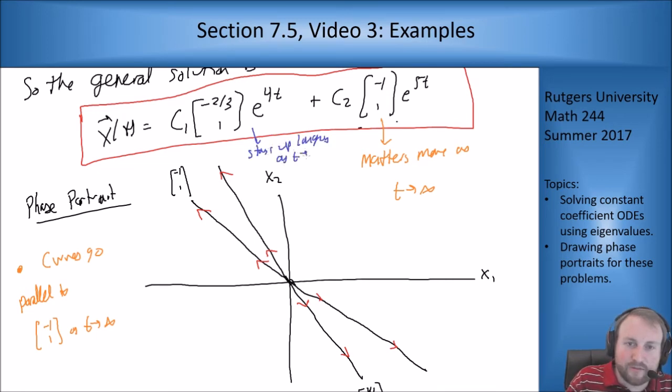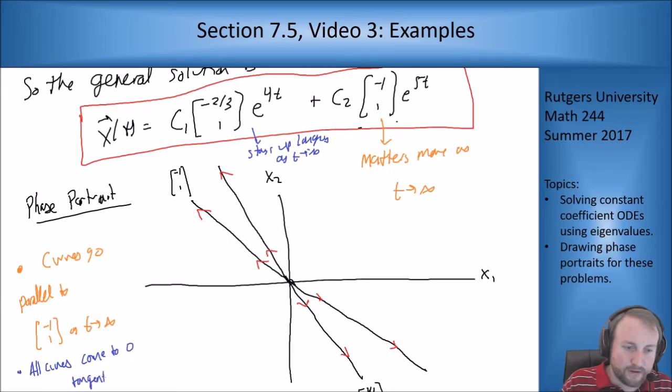So all curves come to 0 tangent to -2/3, 1, because the other term is going to 0 as t goes to -infinity. So as t goes to +infinity, all curves go parallel to the -1, 1 line. And as t goes to -infinity, all curves come into 0 tangent to the other line.